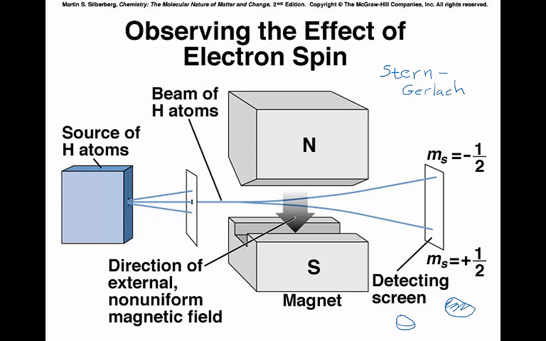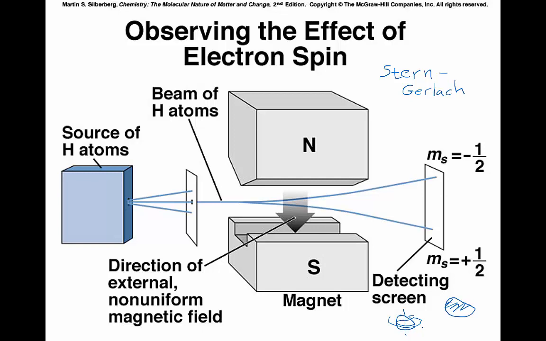Electrons we know have negative charge, so I'm going to draw a little minus sign in there. And so this is now a little ball of charge. Now we're going to imagine that this little ball of charge is rotating, so it's spinning around its axis. Just imagine that you put a stick in the middle and you let the electron spin around this axis.